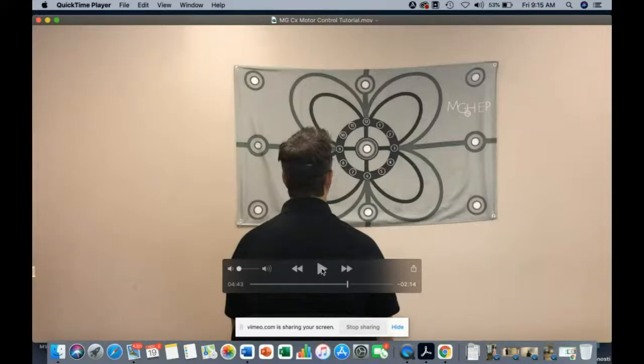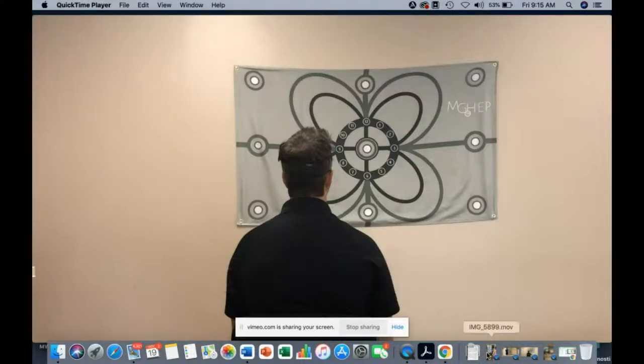So if, in this particular still photo, if we were to look to the right side of the flag here with my eyes and the laser moved over every time, then I'm actually getting head movement for my saccades as a substitution pattern. We want to get rid of that. We want to have that laser stay nice and stable and have their eyes move between the targets, horizontal, vertical, and then off axis. All right.